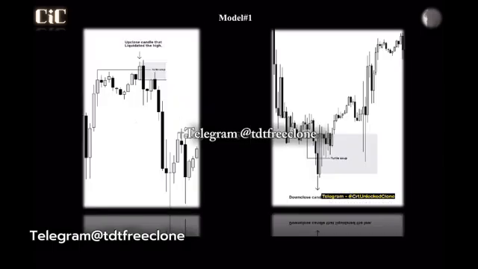Now what's happening in model number 1, it's not just a pattern. It's the market makers pushing price, enticing new orders and new liquidity into the market. That's how they generate interest in the markets, by pushing price higher or lower, enticing dumb money to get excited and participate in a trade in the false direction.